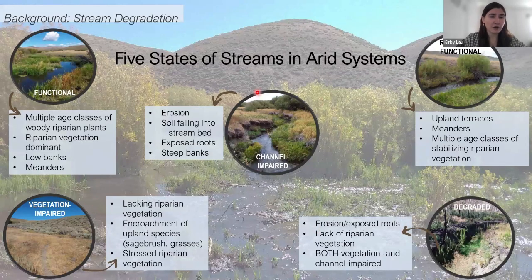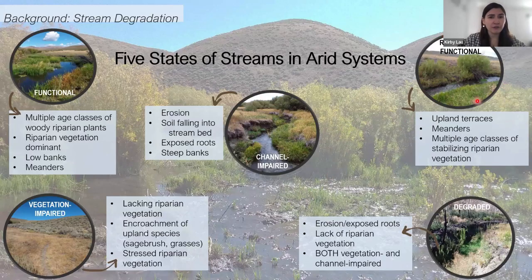Then for our third state, which is channel impaired, you'll notice erosion of the banks. You'll see soil falling into the stream bed, and I know that picture is super tiny there, but you can kind of see it there where we've got these chunks of soil and vegetation falling into the water. You'll also see exposed roots and steeper banks.